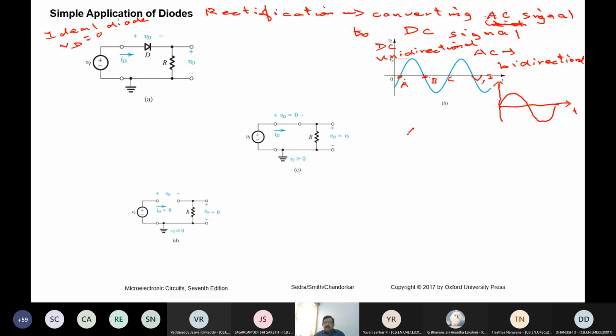AB output V0 will be there. BC is 0 because it is an open circuit. The diode is open, cut off.